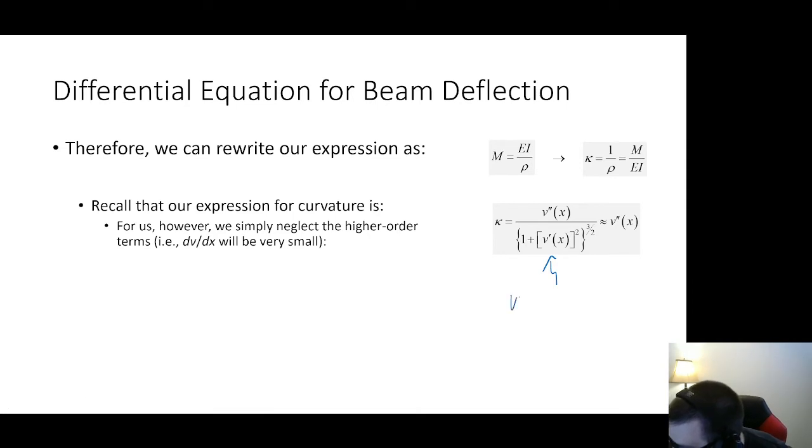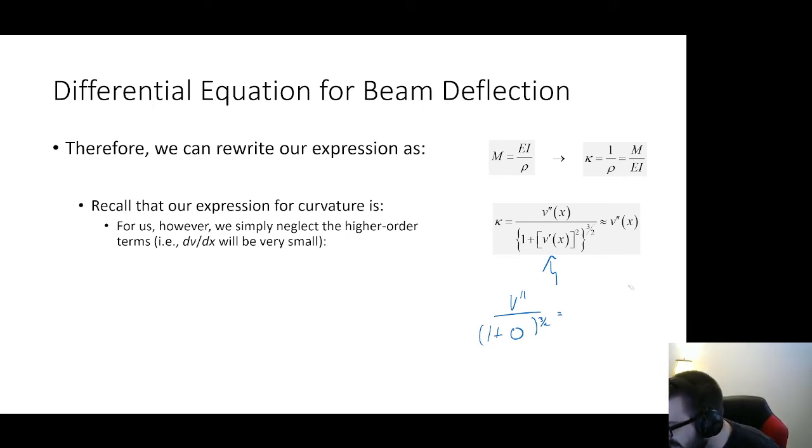So what I'm saying here is I've got v prime over 1 plus v prime squared, all raised to the 3 halves. But v prime is a really small number, and if I square it, I get a really, really, really small number. So we're just going to set that equal to 0, and 1 raised to any power is 1.